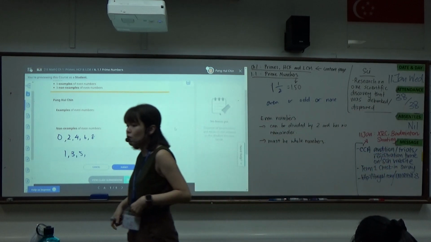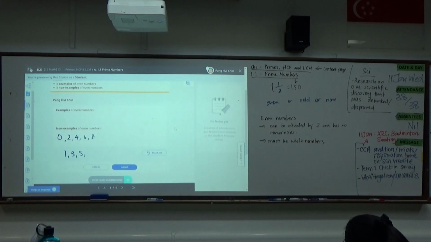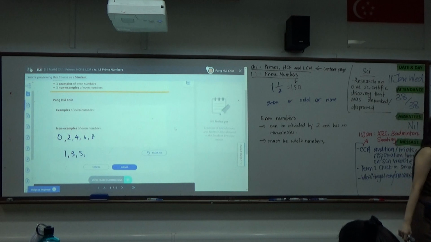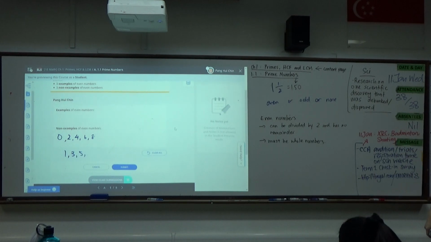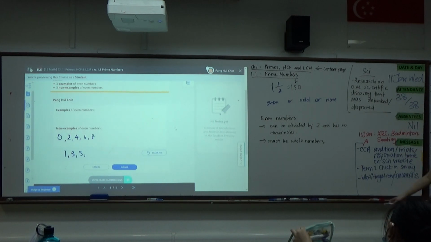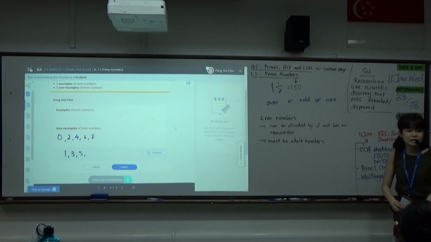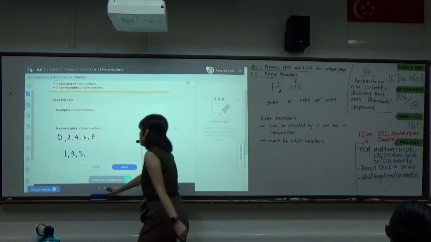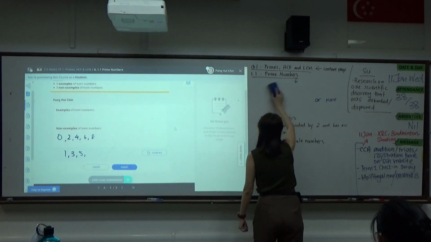Those that don't have a notebook today, I want you to just write it on a foolscap paper, if you could. Then once you have the notebook, I want you to just staple it inside. Any questions?